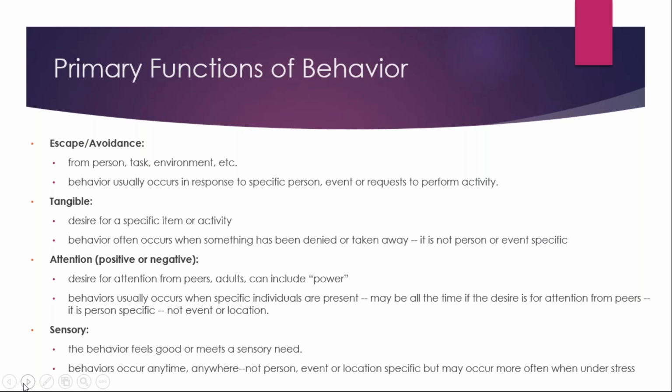When we're talking about attention, it has to do with an actual individual and wanting attention from that individual, whether it's positive or negative. Positive might be attention for saying, "Tommy, great job," or negative attention for saying, "Tommy, please stop drawing on the wall." Those are all forms of attention, as long as you're providing attention.